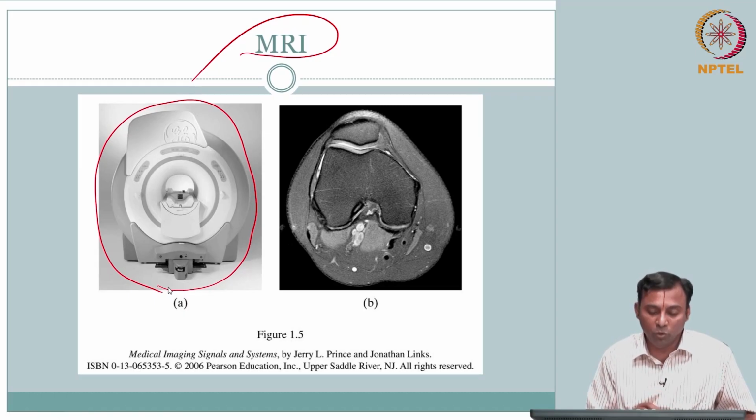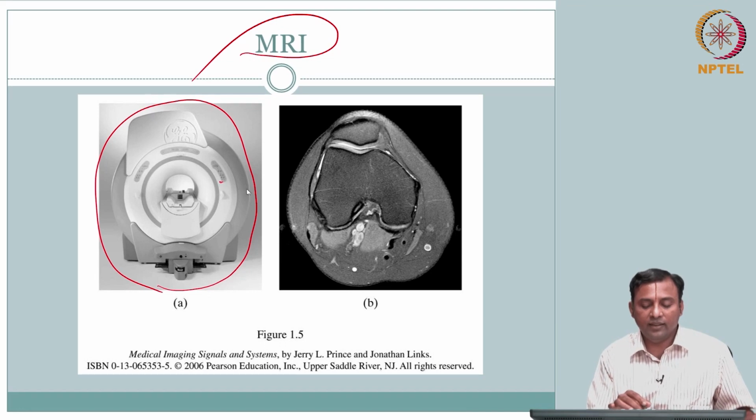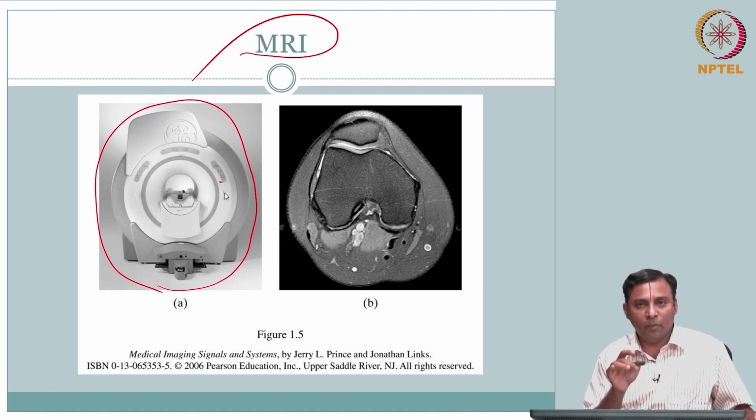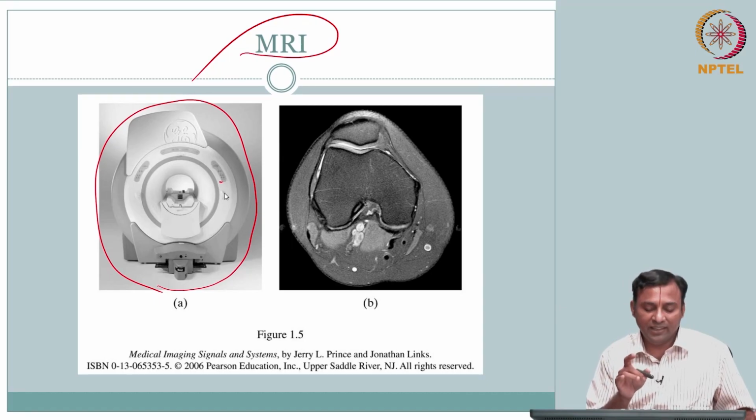So this has to be in a room, and then a whole set of electronics goes around this, and there is a separate room where a dedicated operator technician has to be there, and the patient also has to be prepared before they come in, right?